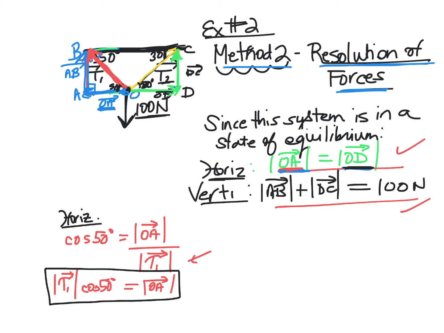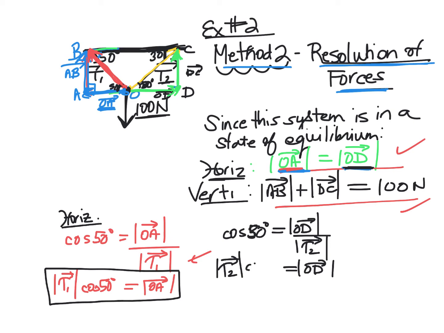So now in the green triangle, I can say that the cos of, this time, 30 degrees equals adjacent, the magnitude of the OD vector, divided by the hypotenuse, the magnitude of the tension 2 vector. Solving for the magnitude of the OD vector gives us the tension in rope 2's magnitude multiplied by cos 30. Okay, so let's put this aside.